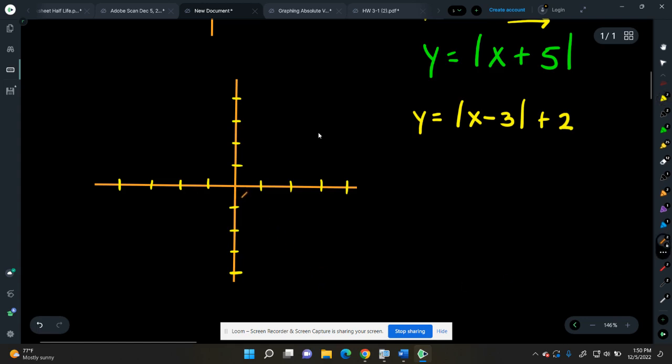Okay, so we move which direction? To the right 3 and up 2. There you go. So there's my graph.